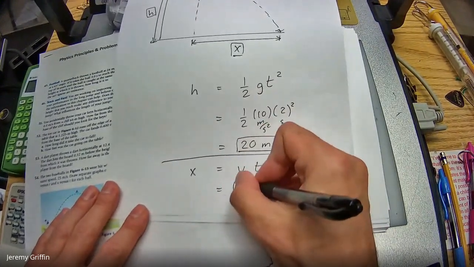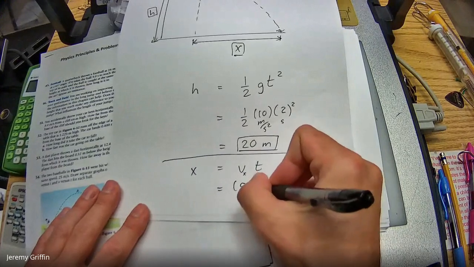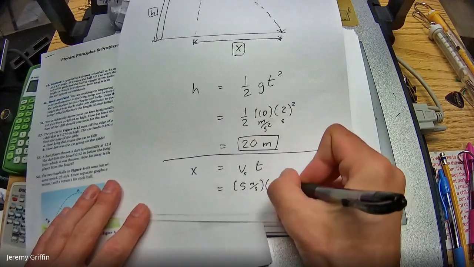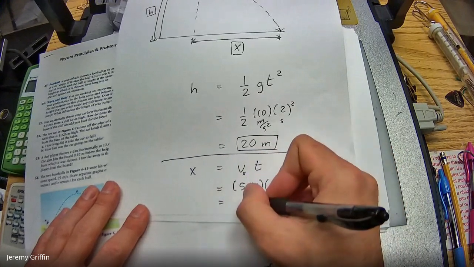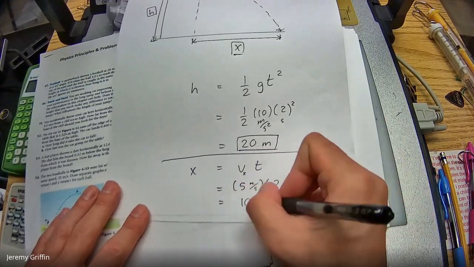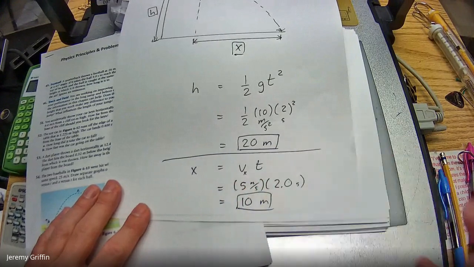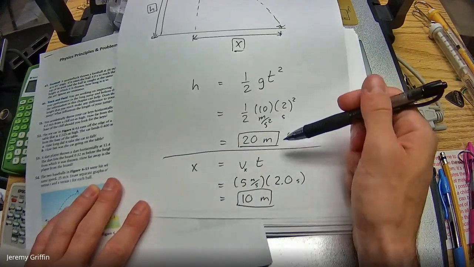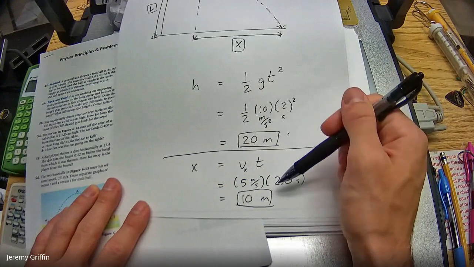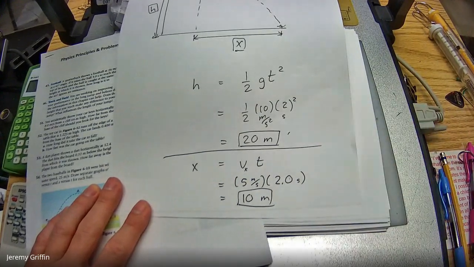So if you were running at 5 meters per second and you were going through the air for 2 seconds, wouldn't you be going 10 meters away? There's your x value. So there's the height of the platform, 20 meters, and there's how far from the edge you splash in the water, about 10 meters.